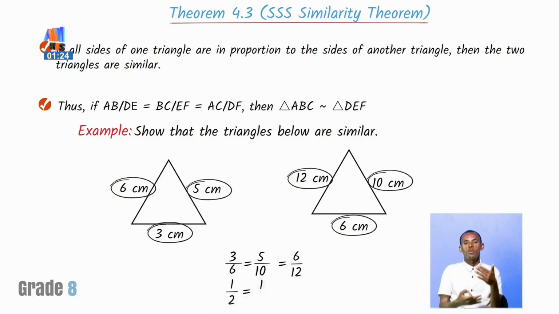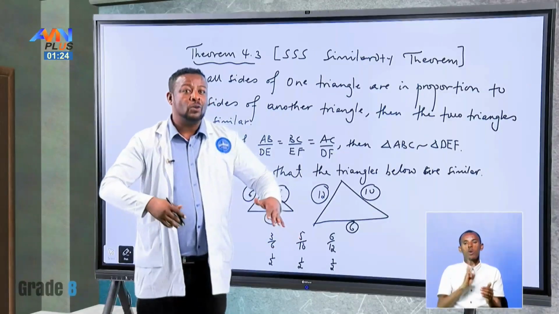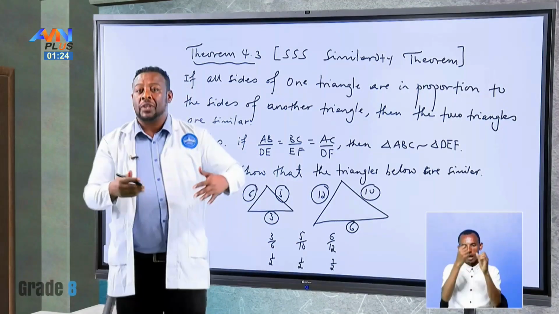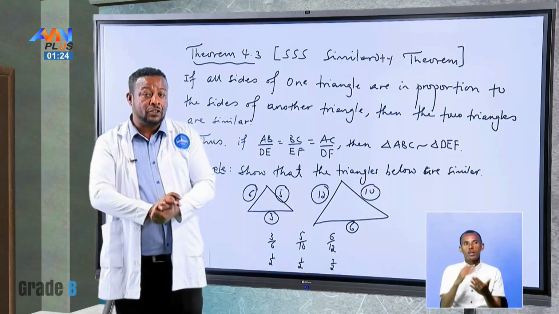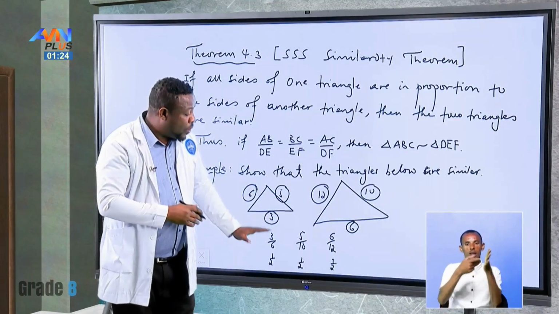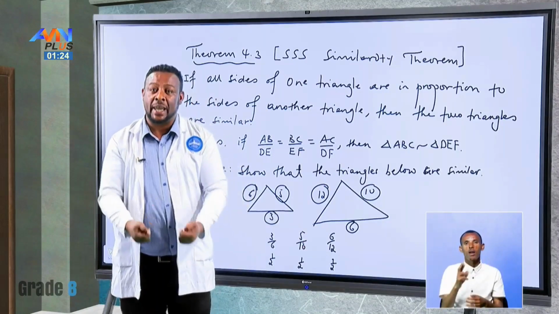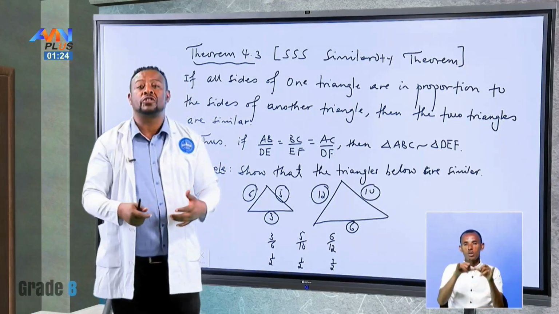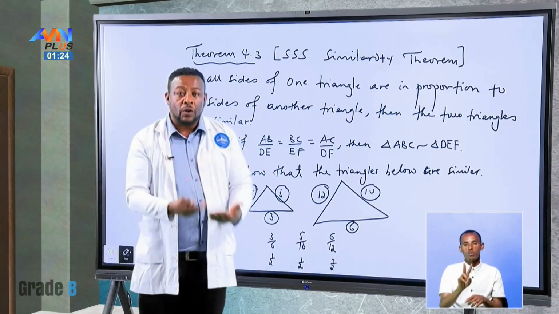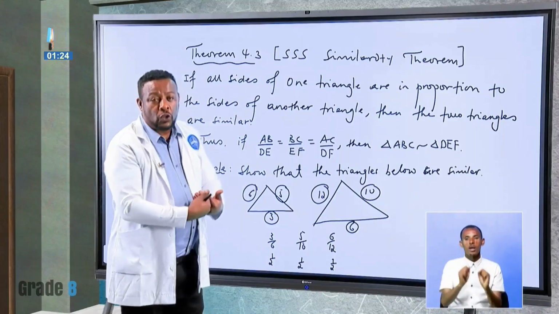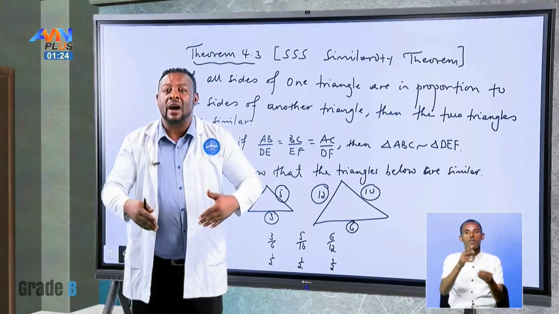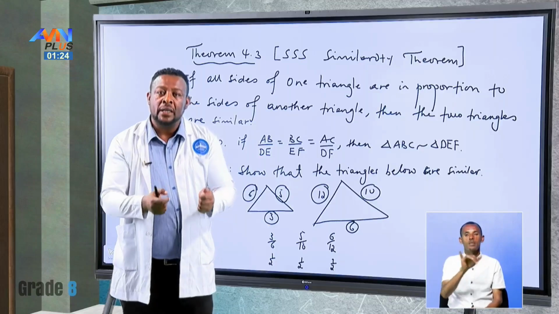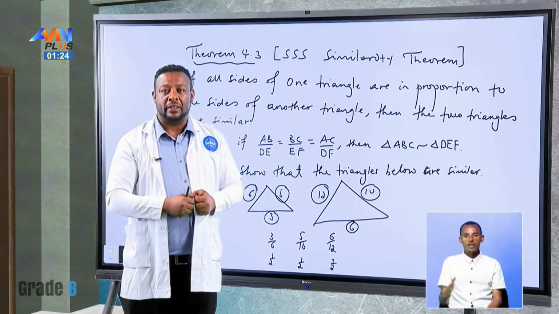The simplified form of 3/6 is 1/2, and this is 1/2. This is also 1/2, okay? We have seen how fractions can be simplified in our lesson in the first unit. So clearly, all these ratios are the same. There is a constant of proportionality, which is 1/2. So from this, we can conclude that the given two triangles are similar by side similarity, right?